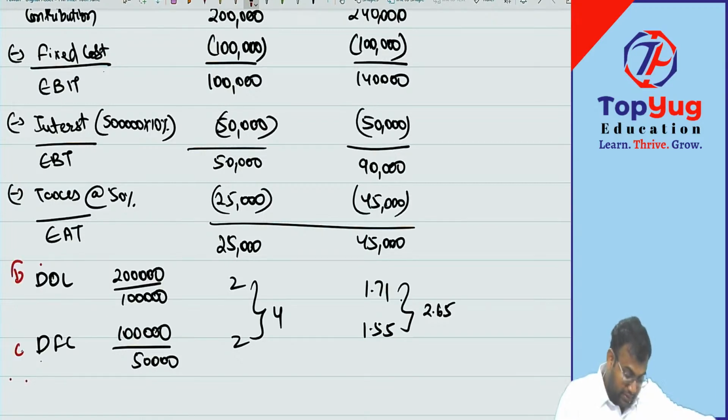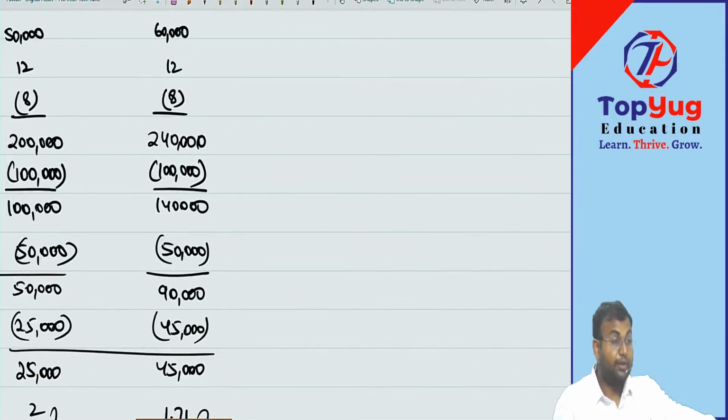So this is B and this is C. First, A bit is supposed to be the percentage change, and the behavior of EPS, again, you can just find out the new EPS in both the scenarios. So what is the behavior of EPS, and behavior of EPS, operating and financial leverage in relation to the increase in sales from 50,000 to 60,000, the percentage change.